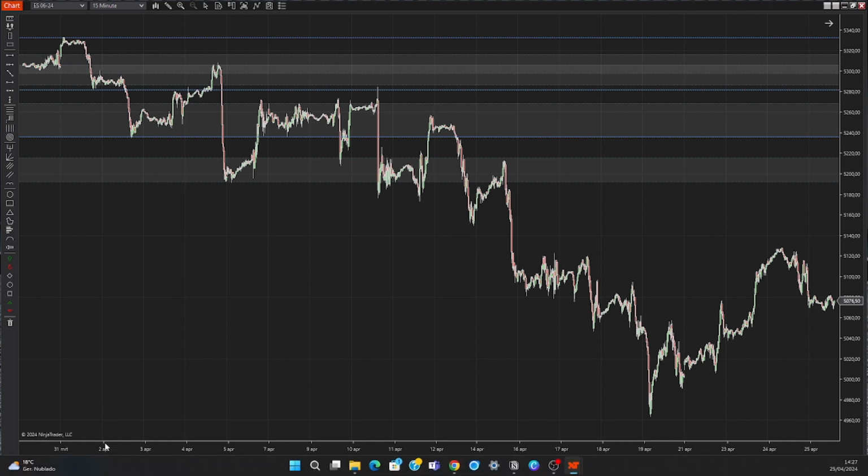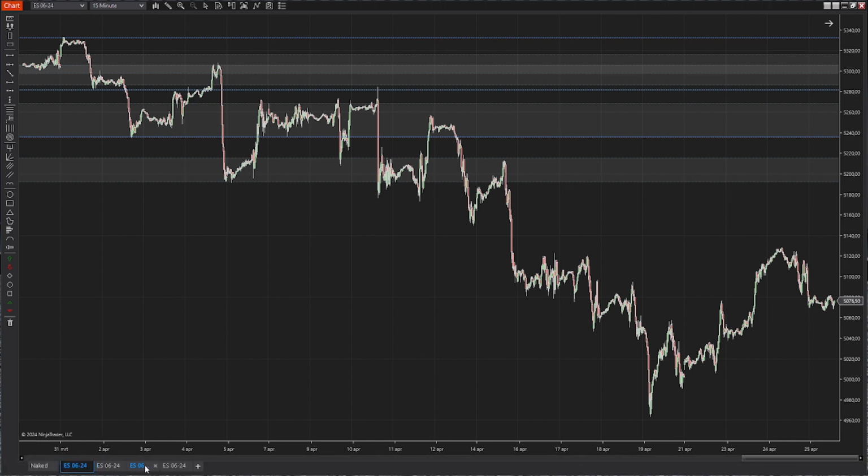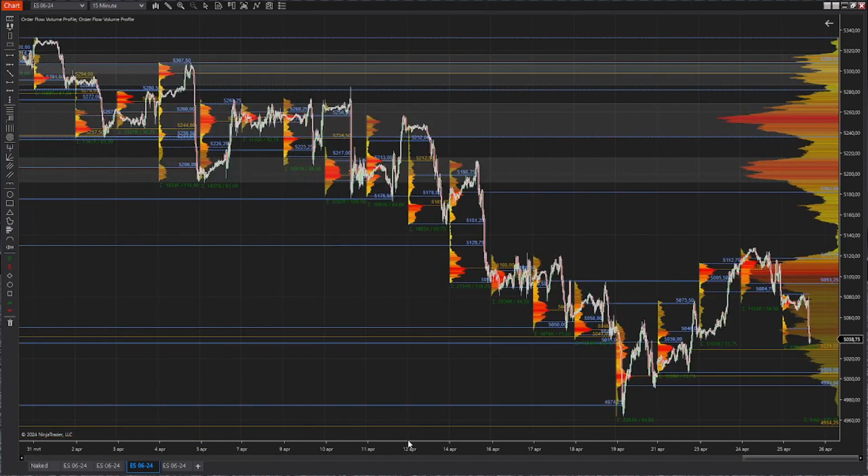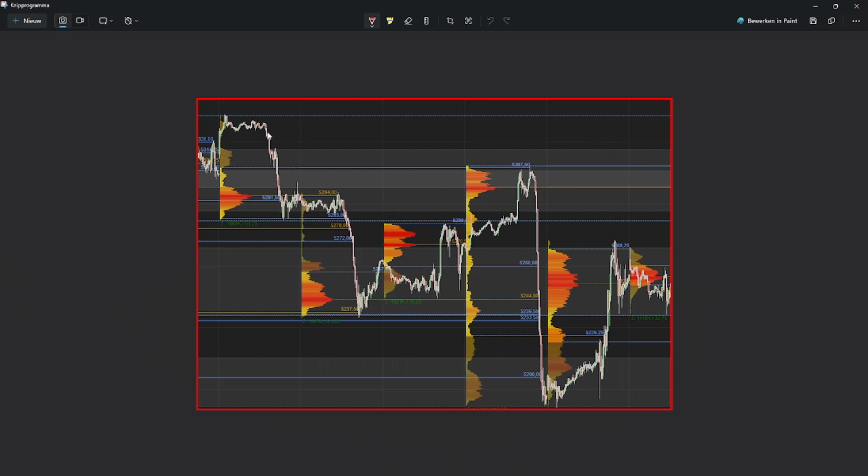If you want it even more clear, now we see this day, we put on a daily volume profile on every day. What do we see now? So we see this top, as we mentioned before.